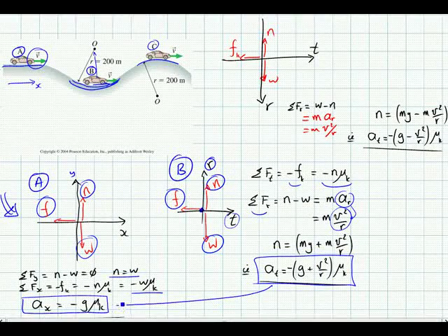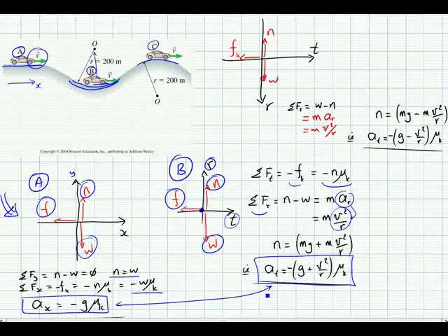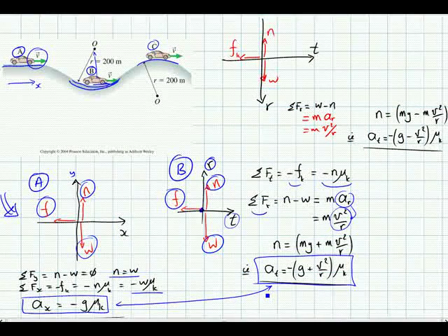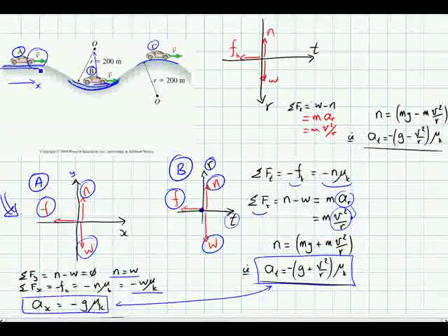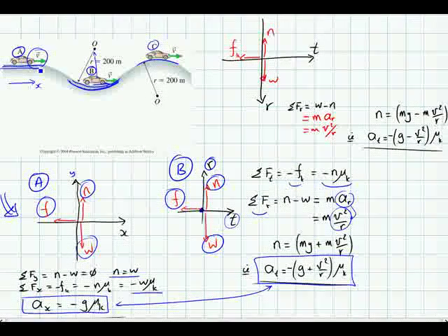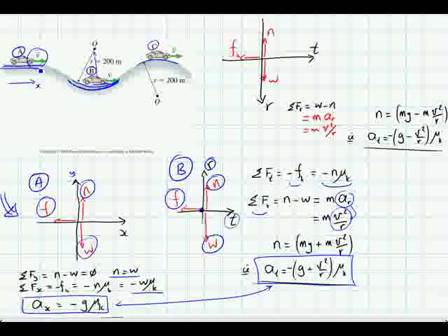So if you compare these two relationships, you see that the acceleration of the object is more negative when the car is going in a dip than when it's moving along the horizontal. Once again, that makes common sense. You'd expect to slow down more quickly, I guess, if you're kind of going in a dip rather than a horizontal surface.